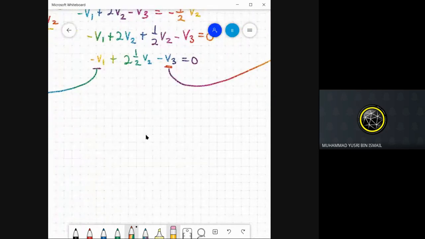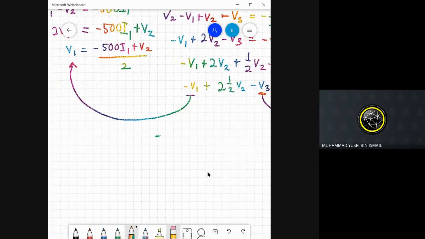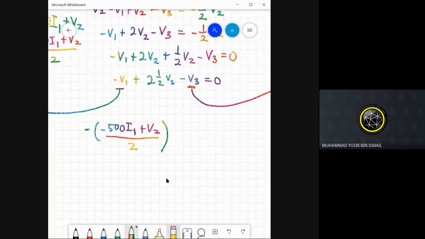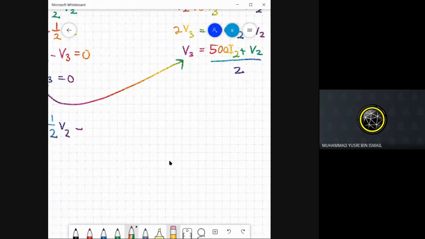Here you will have negative 500 I1 plus V2 divided by 2, plus 1 over 2 V2 minus 500 I2 plus V2 over 2, equal to 0.